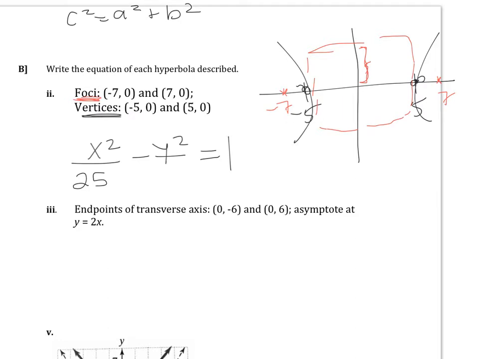So c squared must be 49. So 49 equals 25 plus b squared. That means that b squared must be 24. And we don't really care what b is because we need to put b squared under my y squared, so it's 24.